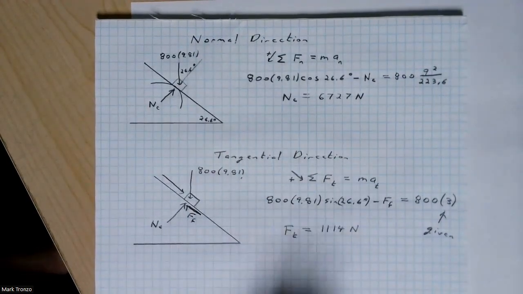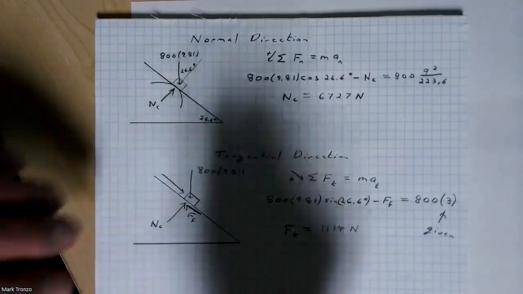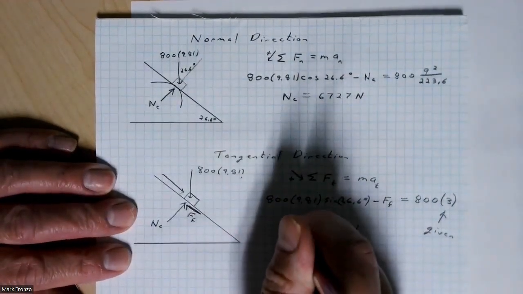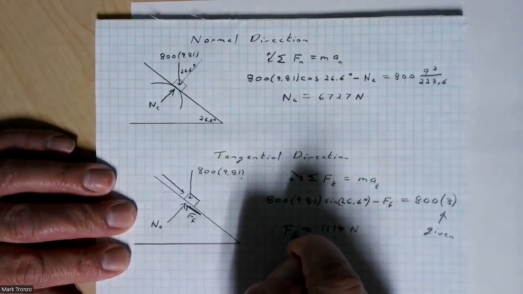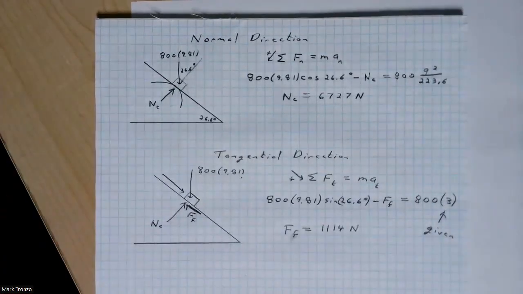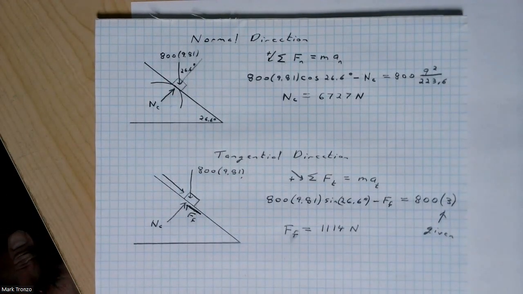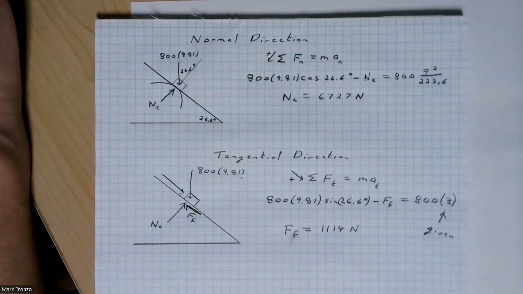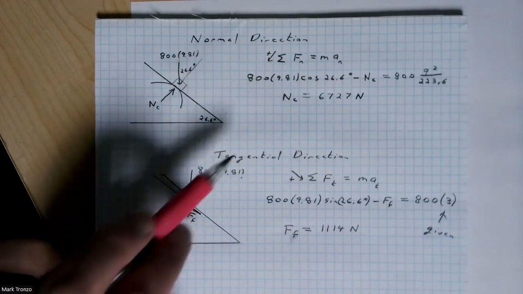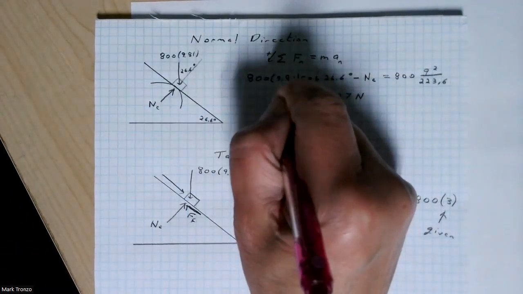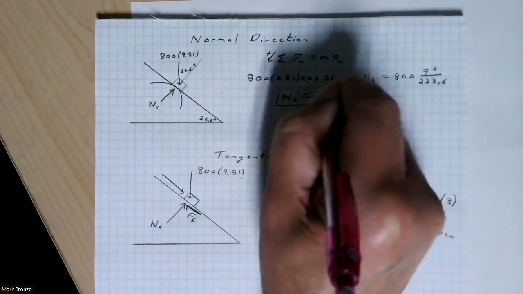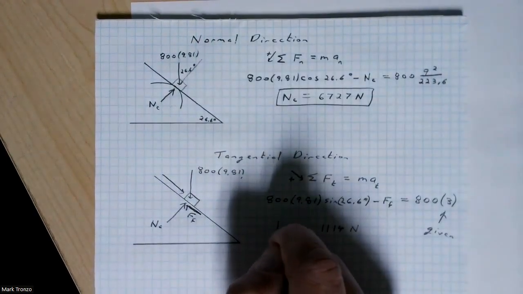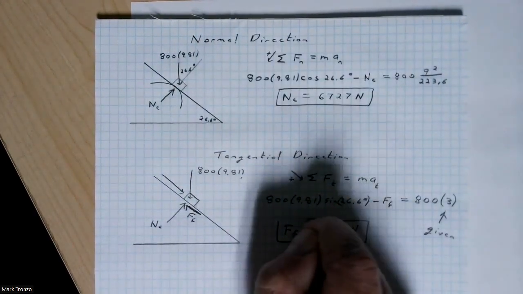I should say, excuse me, not the tangential force, but that's actually the friction force. Those were the two things we were asked to find in the problem, the normal force and the friction force.